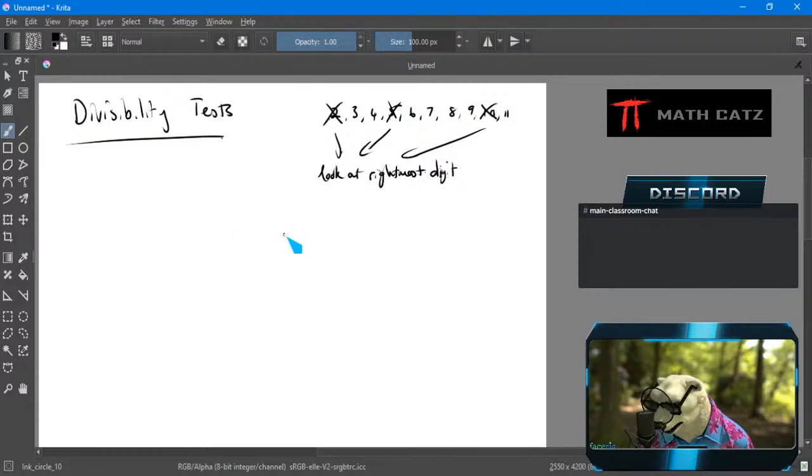As we progress through this list, the requirements or the test will become a little more complicated, and so will the reason for why the test works. You can easily explain by way of an example and convince someone why 2, 5, and 10 have their tests the way they do.